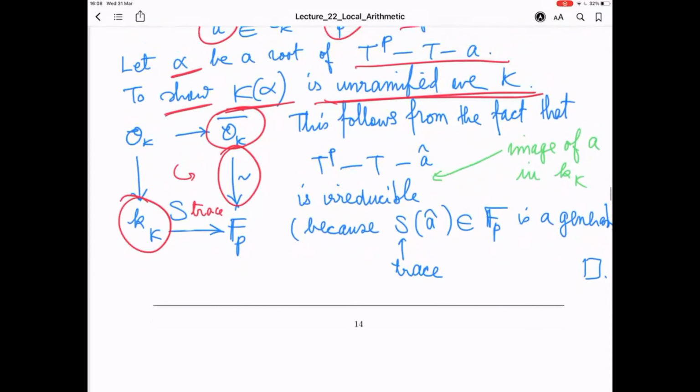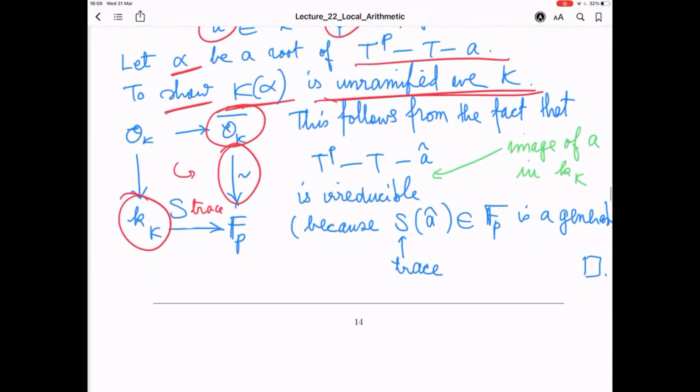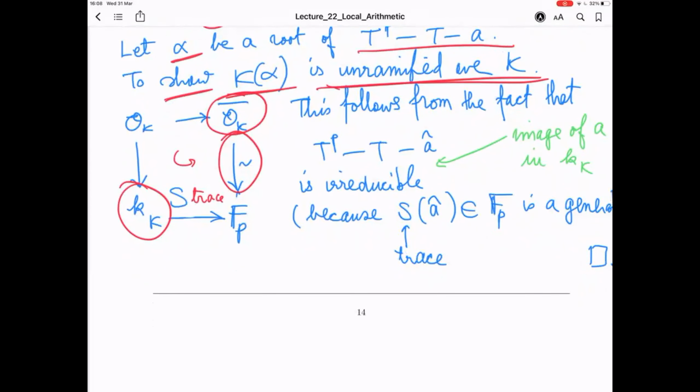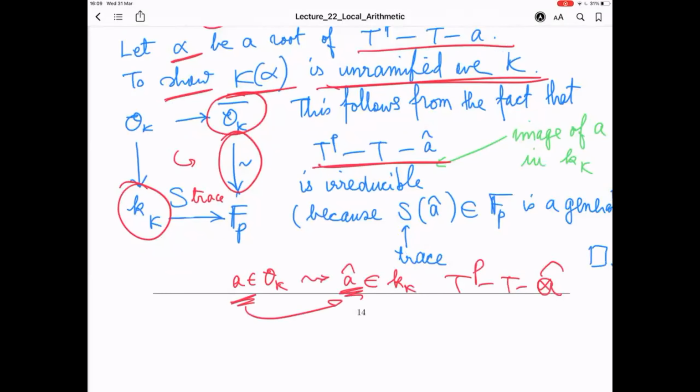So basically, to show that k(alpha) is unramified, you just need to show that when I reduce a in O_K, and I take its image in k_K, and I look at t^p - t - a hat, the image of this a, then it's irreducible.